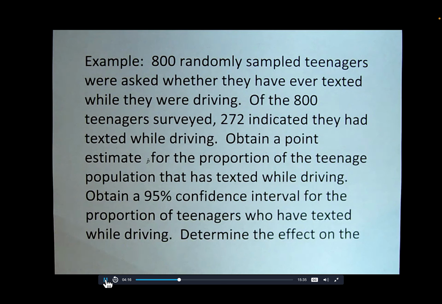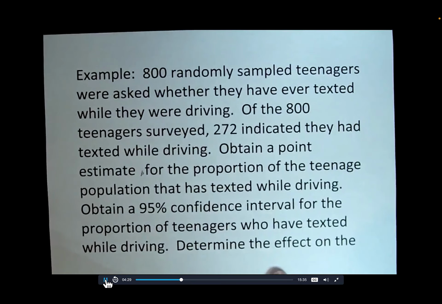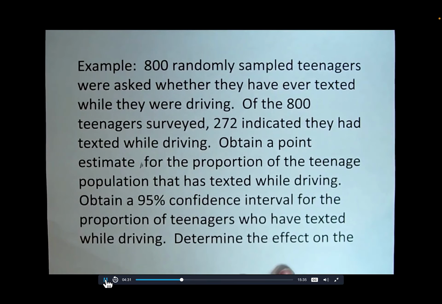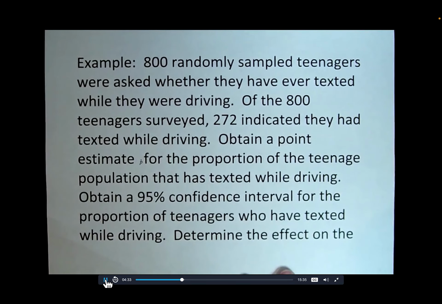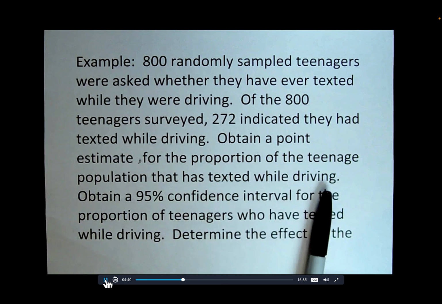We can't possibly ask every teenager the question, so we're instead going to ask 800 of them, and the proportion of the 800 that answer yes to the question is going to be our point estimate for the proportion of the teenage population that has texted while driving.